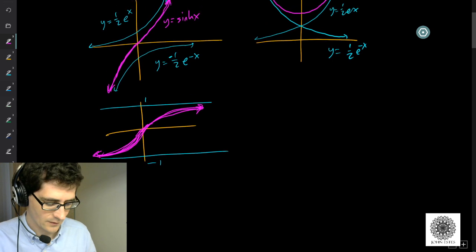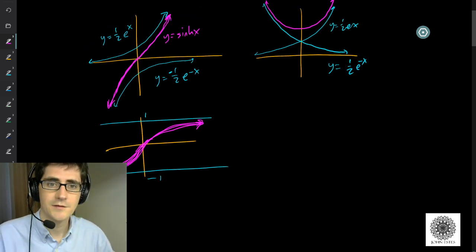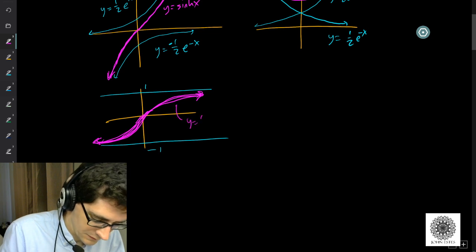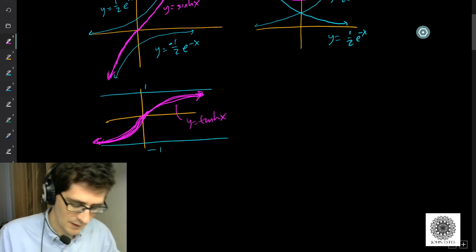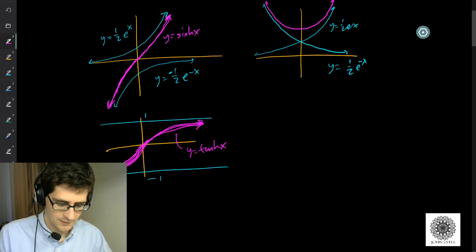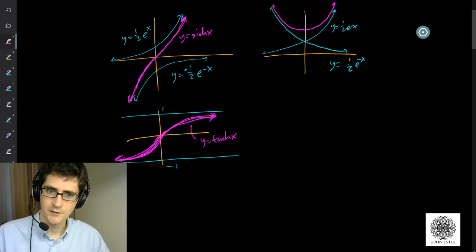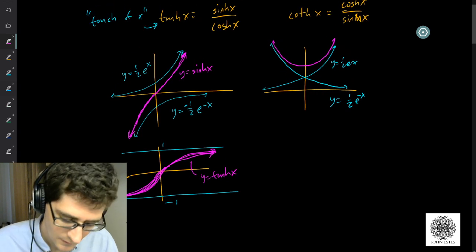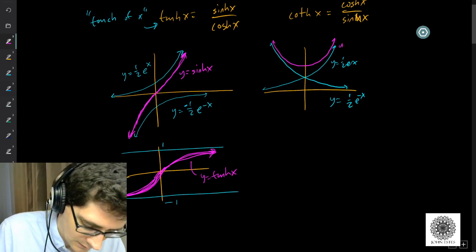Okay, except that would have asymptotes at pi over 2 and negative pi over 2, but that is my graph y equals hyperbolic tangent, or tanh. Okay, so these are the three graphs we're going to look at. Now, the one that we see in physical applications a lot, again, is this cosh.